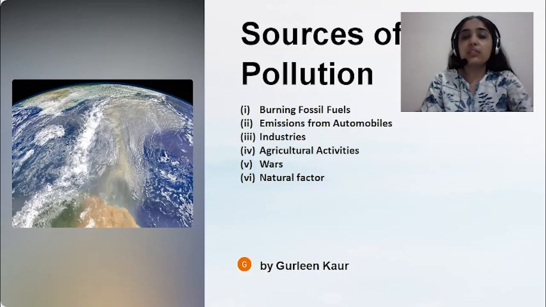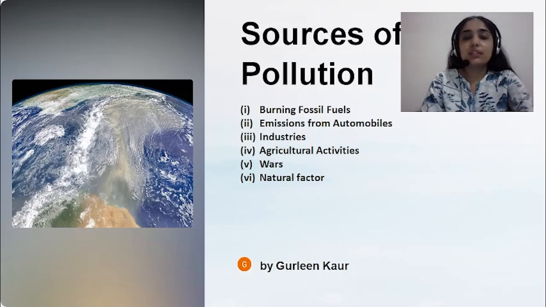So this is the biggest cause of air pollution. Why? Because 80% of air pollution is caused by vehicles. Because of automobiles, many harmful gases are released into the atmosphere, such as sulfur dioxide, carbon dioxide, nitrogen oxide, carbon monoxide, etc.